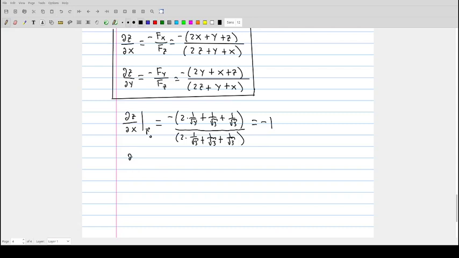And likewise, dz dy at the point r0, I'll let you plug in for this one. You're plugging in right here. This will also be negative 1.